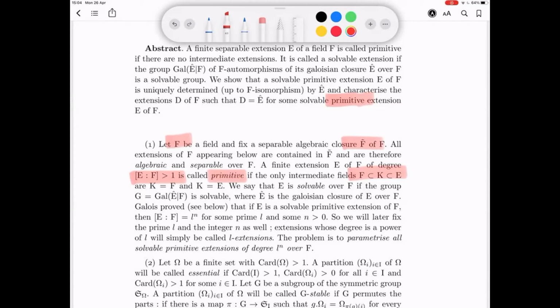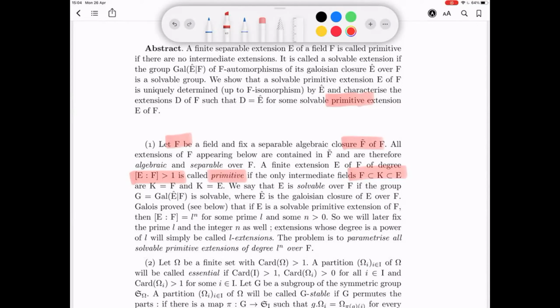But the converse doesn't have to be true. We will see later that there are many extensions which are not of prime degree but are still primitive. So this is a very important notion.